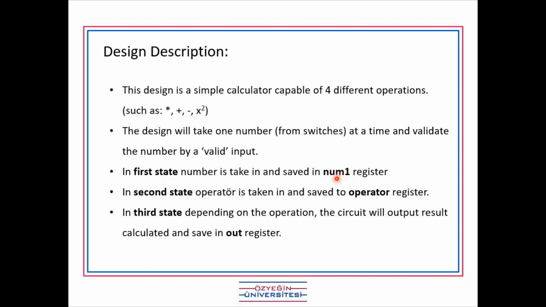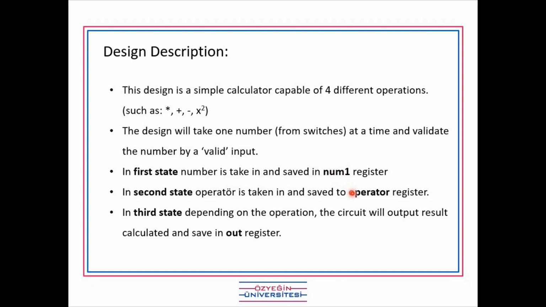First, it saves a number to the num1 register. After that, it goes to the second state and it saves the operator, what to do with the number. And in the third part, it takes in another number and it does what the operator is telling. Okay, 3 steps. The first part is to get the first number.